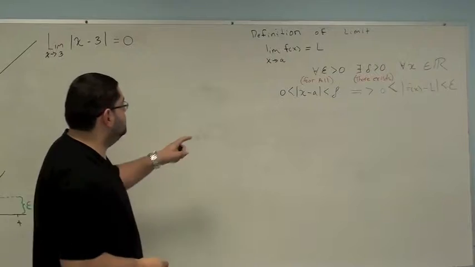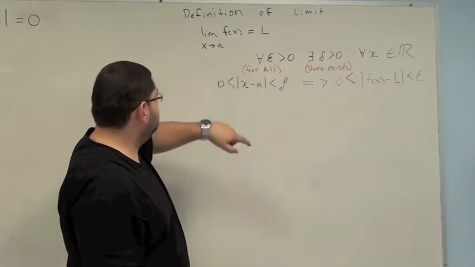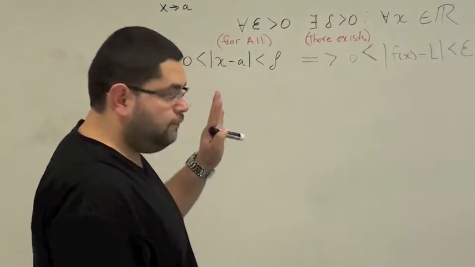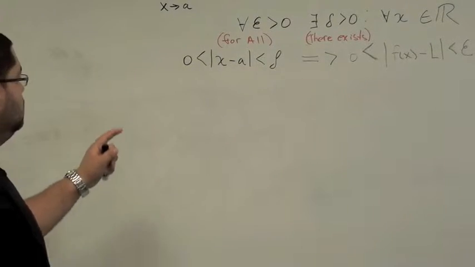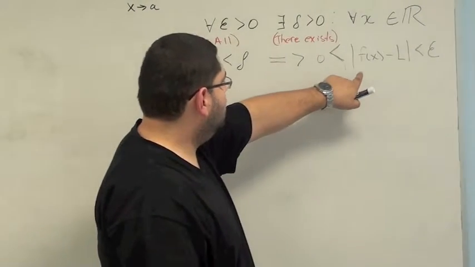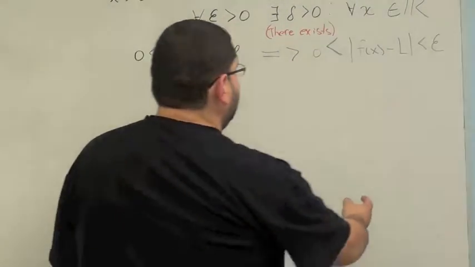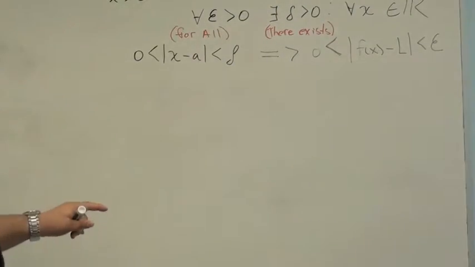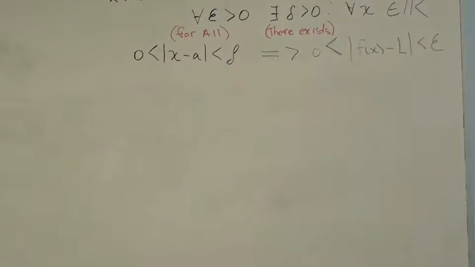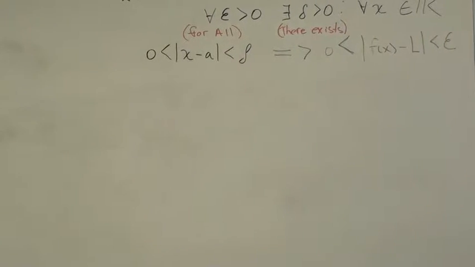The definition states that as long as the limit exists, for all given epsilon greater than 0, there exists a delta greater than 0 for all real numbers, so we say that the absolute value of the function minus the limit is positive and smaller than epsilon, as long as the absolute value of x minus the x value that we're evaluating is positive and smaller than delta.